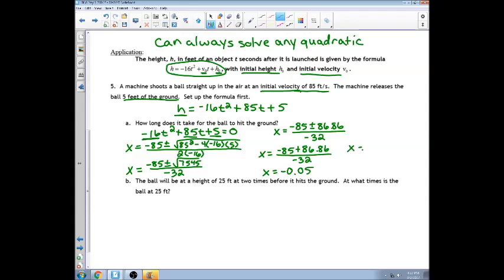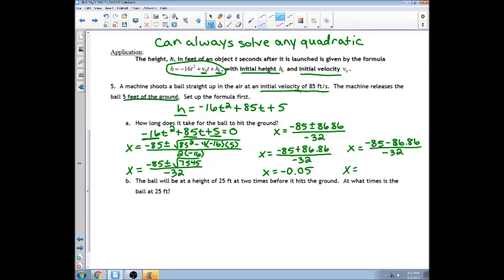Then x equals negative 85 plus 86.86 over negative 32. Oh, minus, I'm sorry. I apologize. Erase that plus sign. We already did negative 85 plus, so we need to do negative 85 minus 86.86.